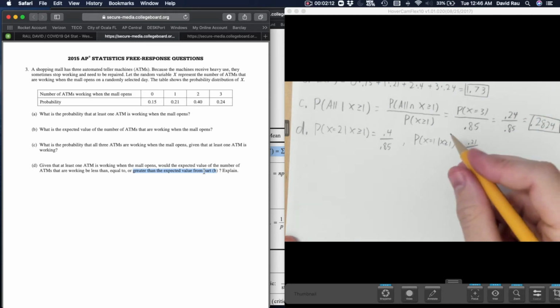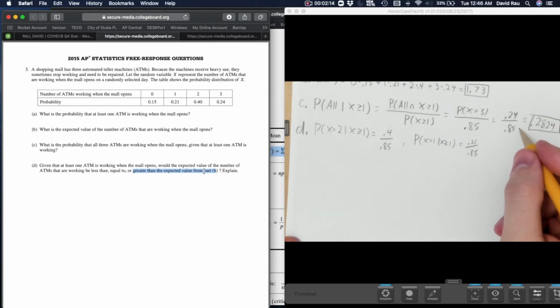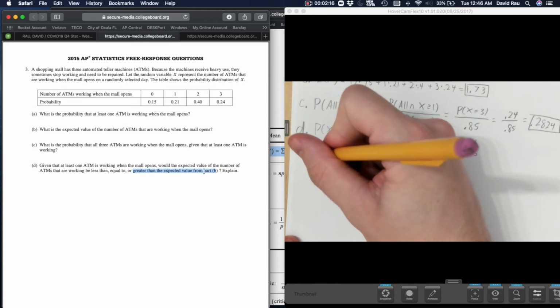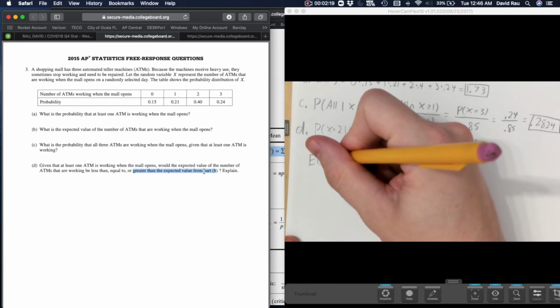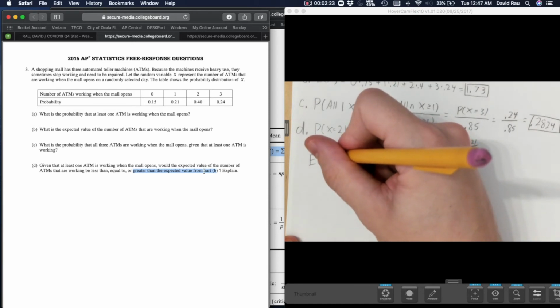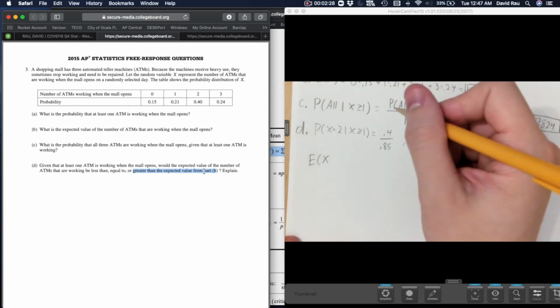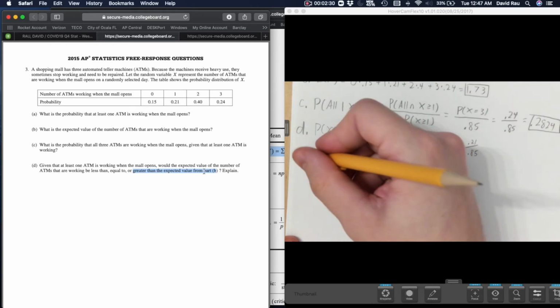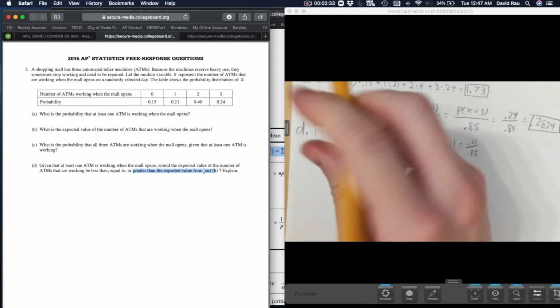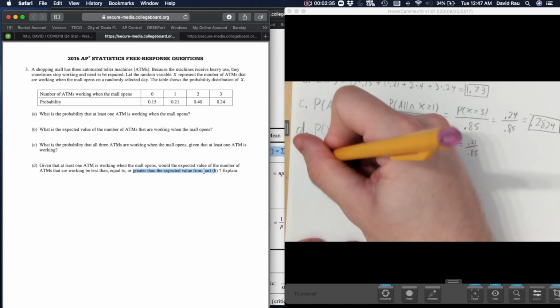So this is giving us new probabilities to work with, and so now I have a new expectation. I don't know how to write this, actually. I guess I'll say y.